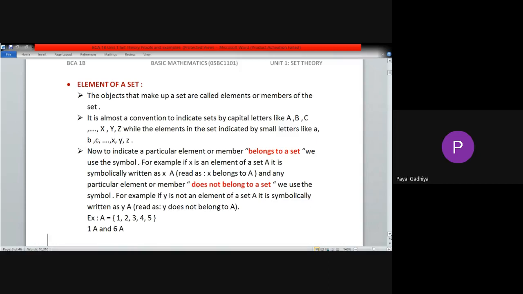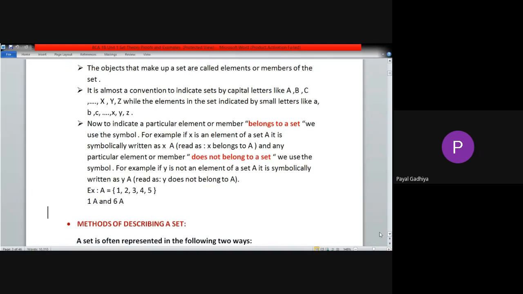Then the next is, if x is an element of set A, symbolically we write x belongs to A. And for any particular element that does not belong to the set, we use another symbol. Like minus 3 does not belong to N, the set of natural numbers, so we write it as does not belong to N.